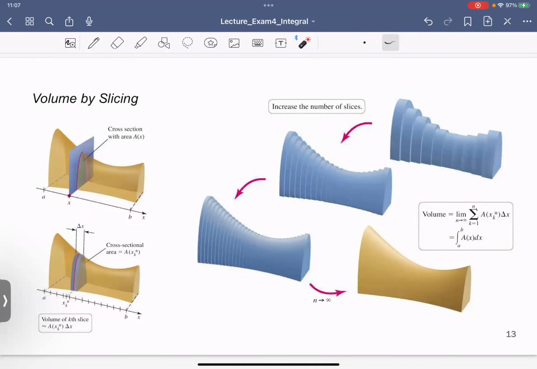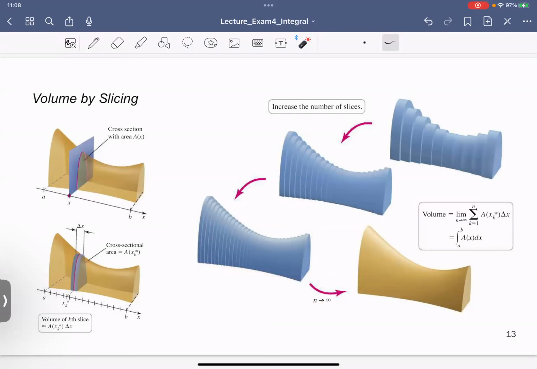If you cannot follow this, let's try. You start from this one, for example, and if you slice it into small pieces, you can compute the volume of each piece, and then add them up. You're going to get the volume here, right? But in order to get the correct volume, you have to slice infinitely many times.